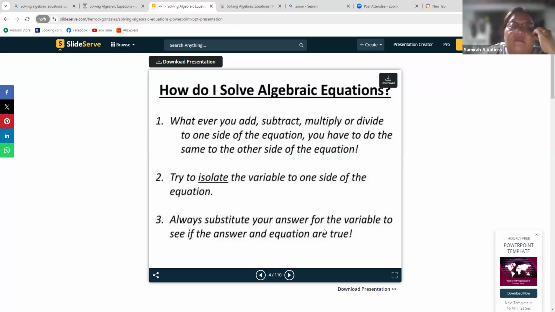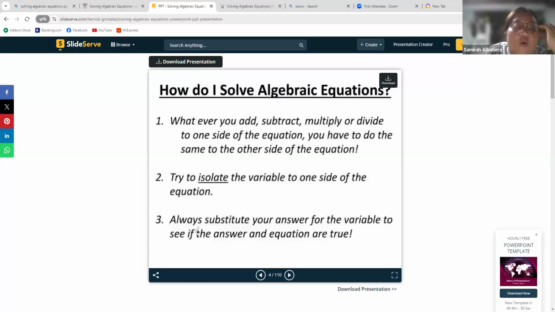They are different. So what we are going to do is isolate or separate the variable to one side of the equation. That is what happened earlier, with which x has been placed on the left side and all the constants, or all the numbers, have been placed on the right side.